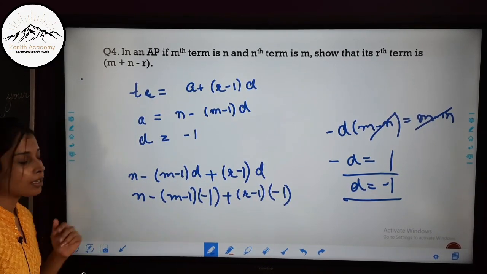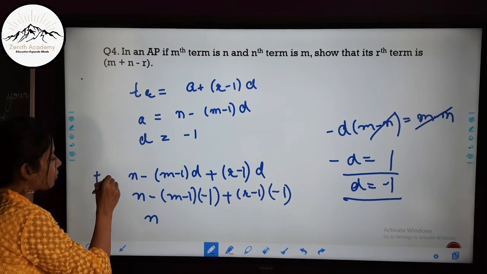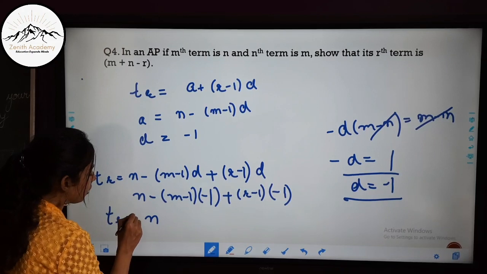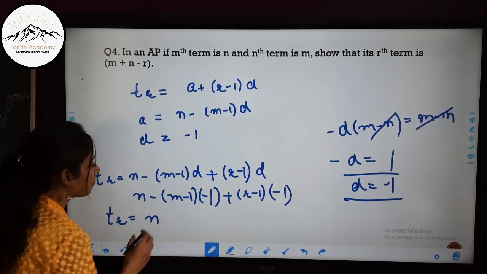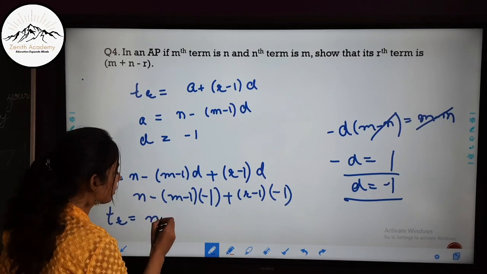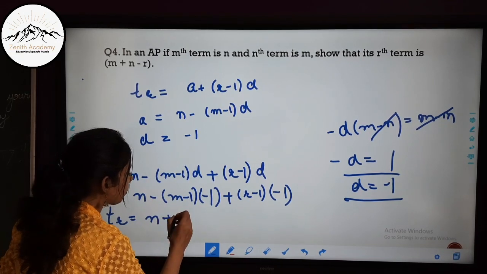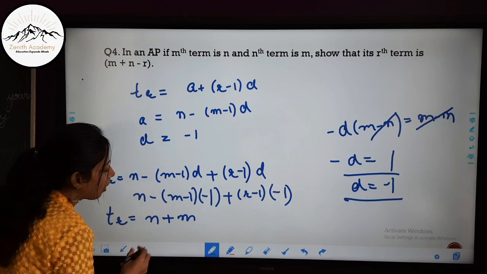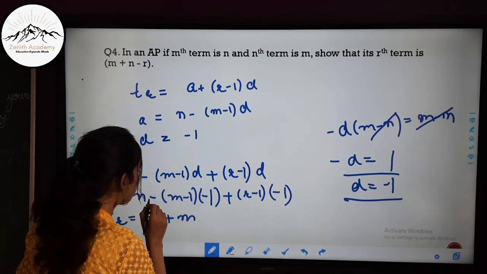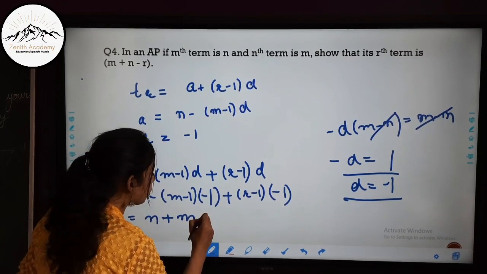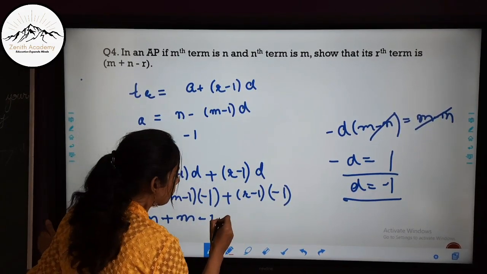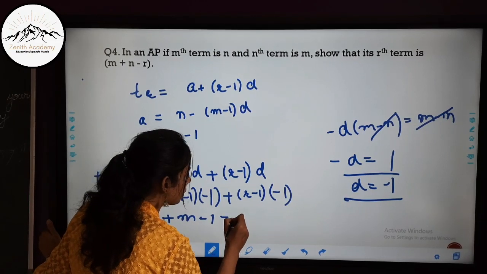We just need to simplify the equation now. So our rth term will be n minus 1, this minus minus gets cancelled, plus m minus 1 into minus 1 will give us plus 1, and again here it is minus, so it is minus 1. Minus 1 into r will give us minus r.